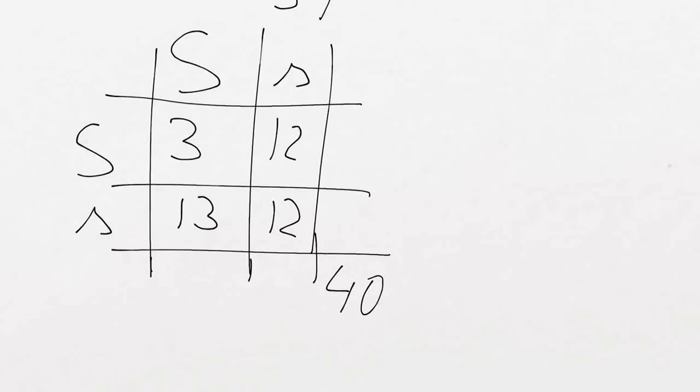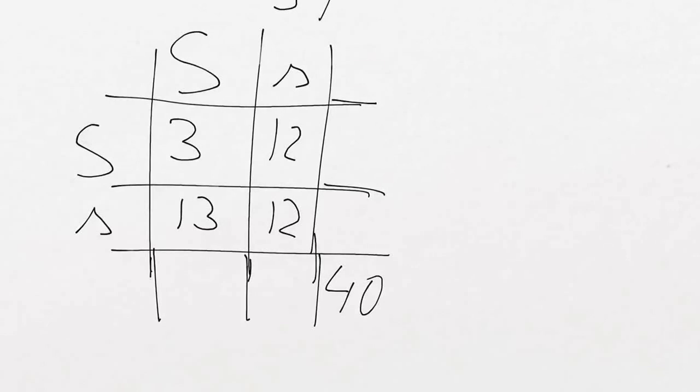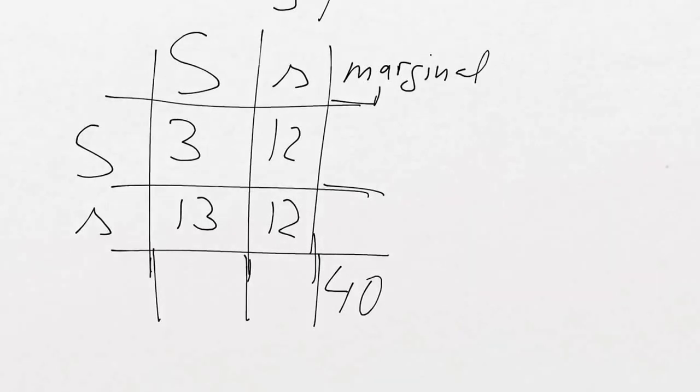Now, one thing that I want to point out is I've left some of these grids empty, because that is something that we occasionally need to calculate. So this column here is called the marginal rows.